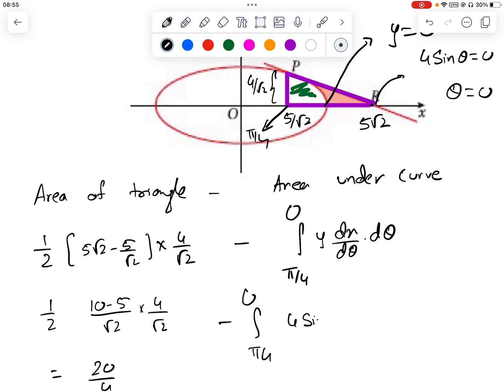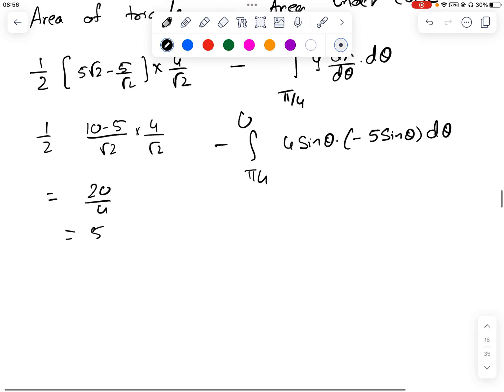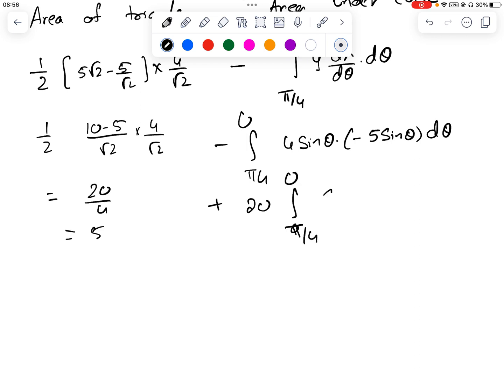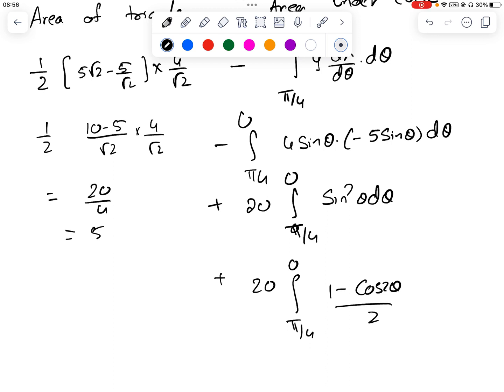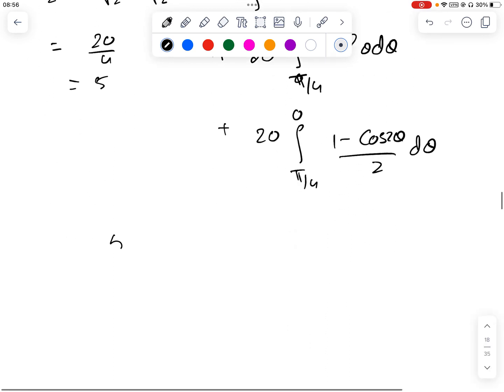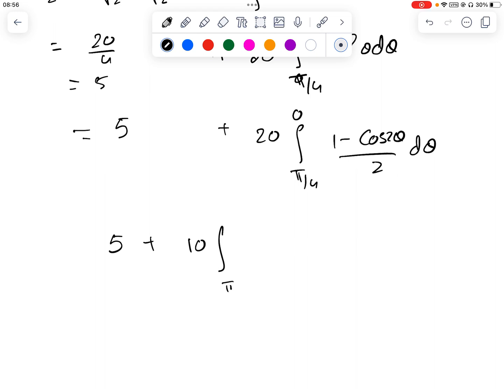Y is 4 sine theta times dx upon d theta, minus 5 sine theta d theta. So it becomes plus 20 integral pi by 4 to 0 sine square theta d theta. Sine square theta means 1 minus cos 2 theta upon 2. So it becomes 5 plus 10, because this 5 continues there, integral pi by 4 to 0 of 1 minus cos 2 theta d theta.